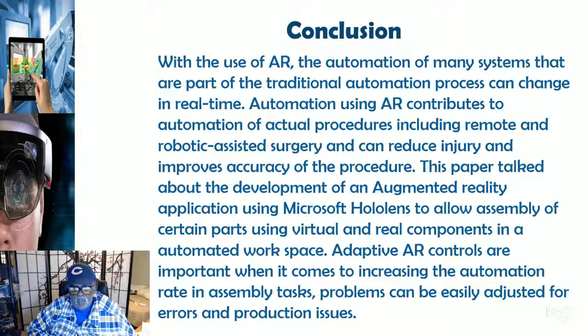Adaptive AR controls are important when it comes to increasing the automation rate in assembly tasks. Problems can be easily adjusted for errors and production issues. An additional note, AR and automation is becoming highly popular. The factories of the future are basically using AR in a lot of their machine actions.